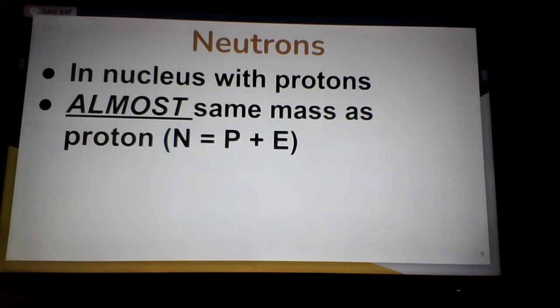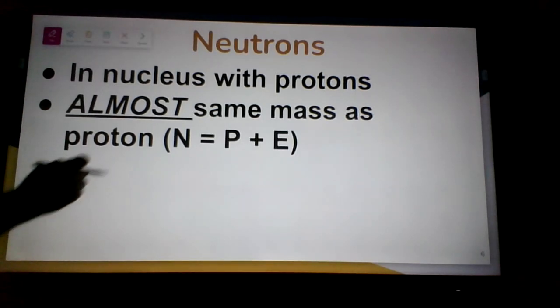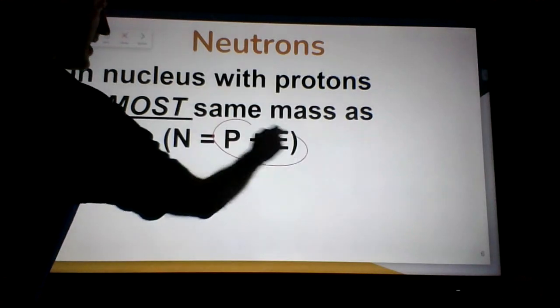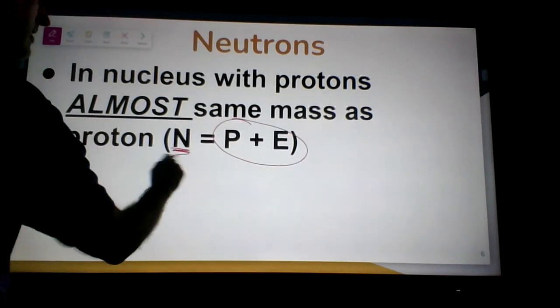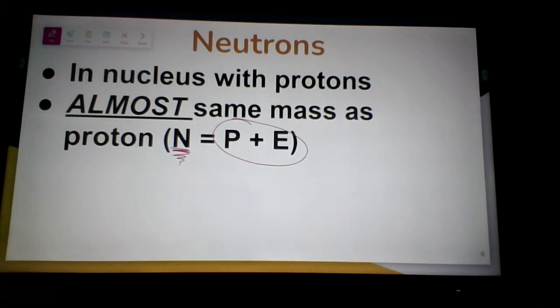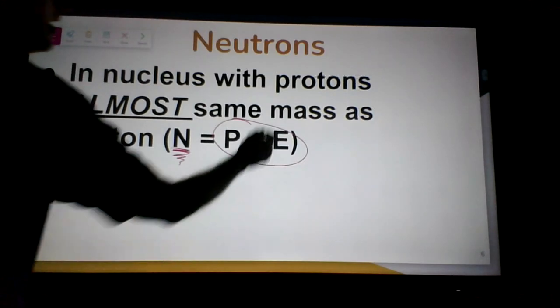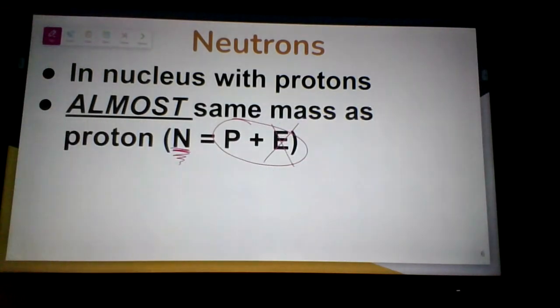Now, a moment ago I said the neutrons have almost the same mass as a proton. In fact, the neutron's a teeny tiny bit more. Really, if we add up the mass of a proton and the mass of an electron, we get the mass of a neutron. And that's why a few minutes ago I said we just add the protons and neutrons to get the mass, because when we do that, we have automatically used the electron.